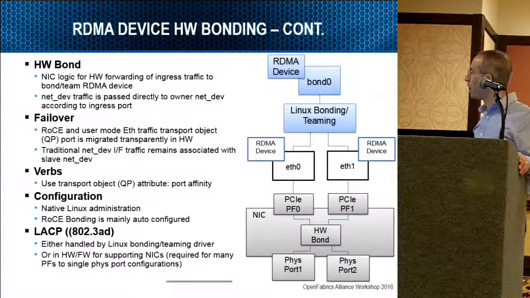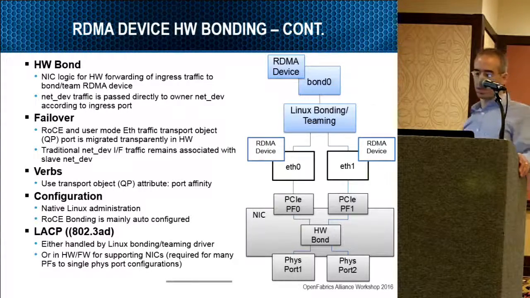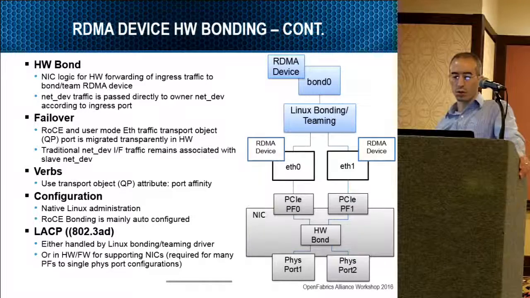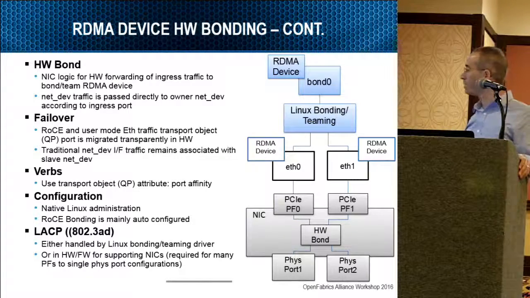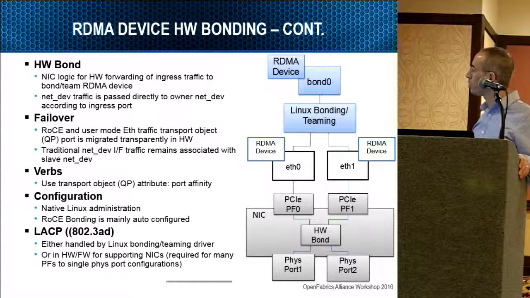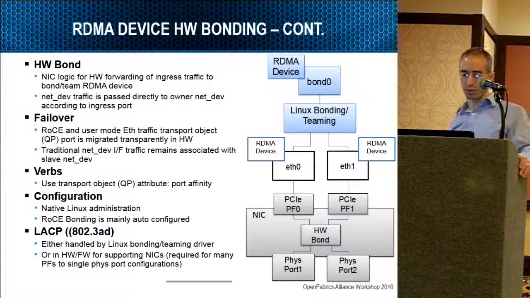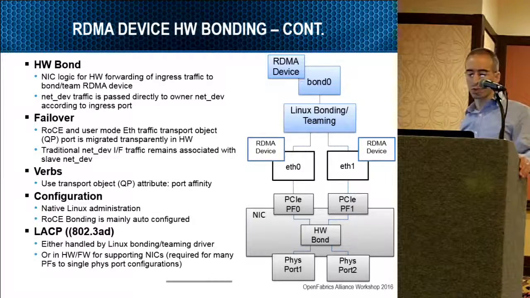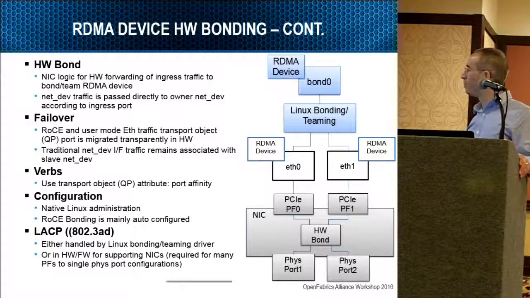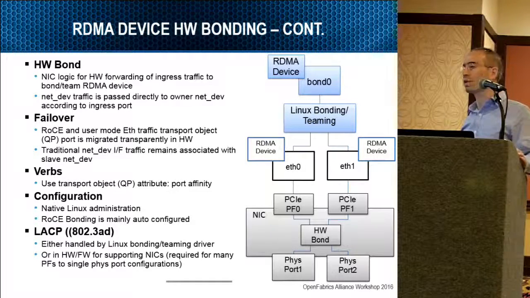Now, going to the hardware bond logic and what is the purpose of this module. This module needs to allow seamless operations of passing traffic from the physical port to the transport object, or from the transport object to the right physical port. So there's a very important logic here. Whenever we assign a transport object to a port, it always uses this port for both ingress and egress.